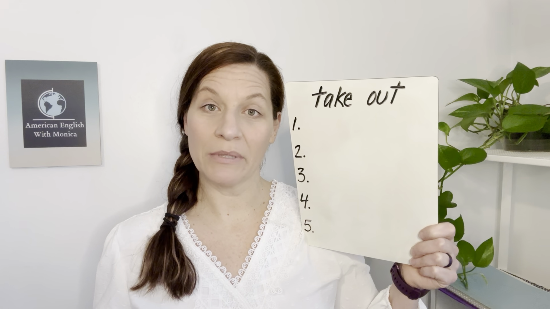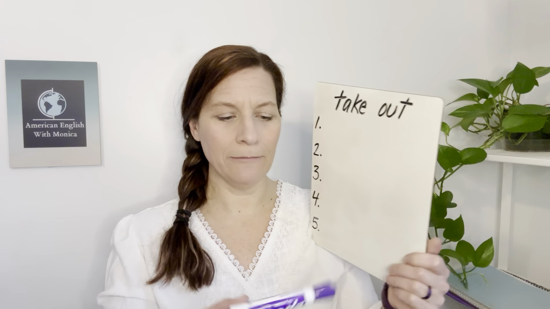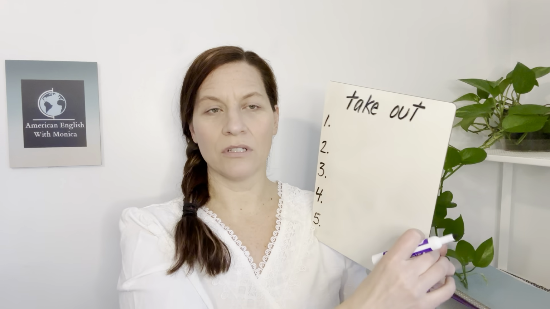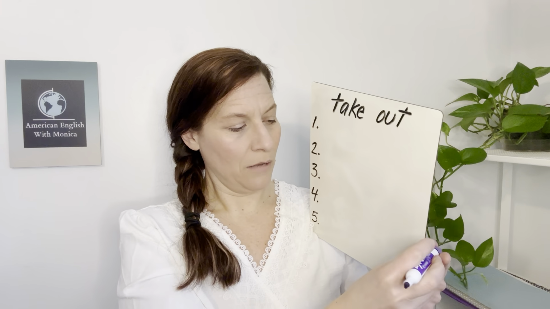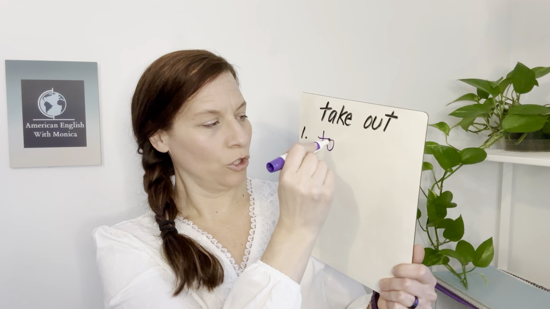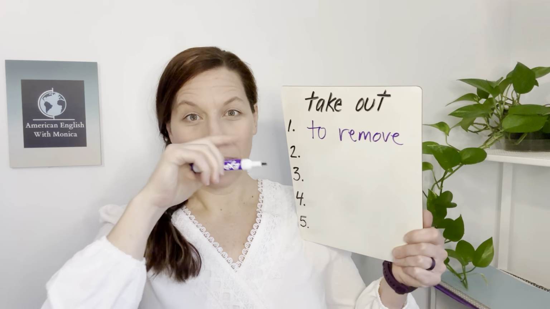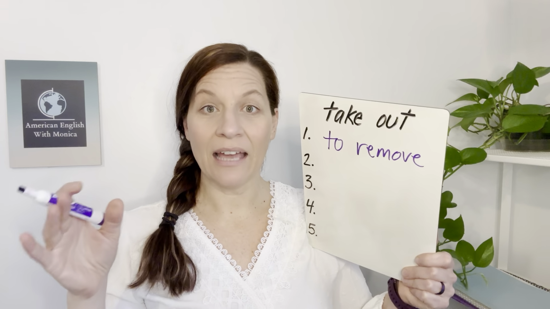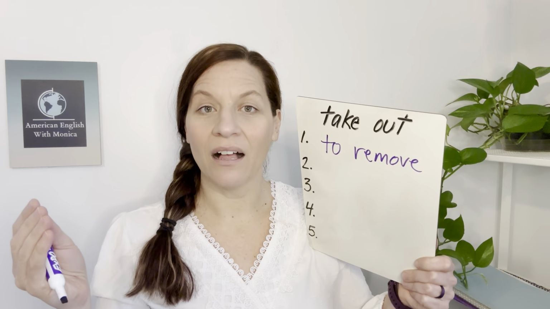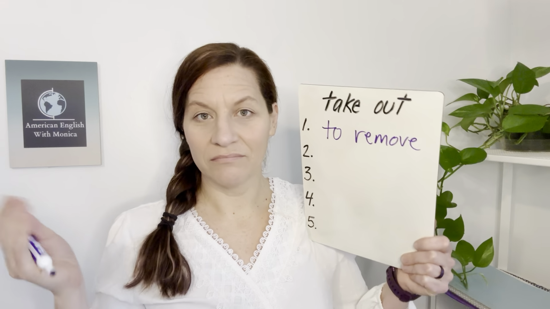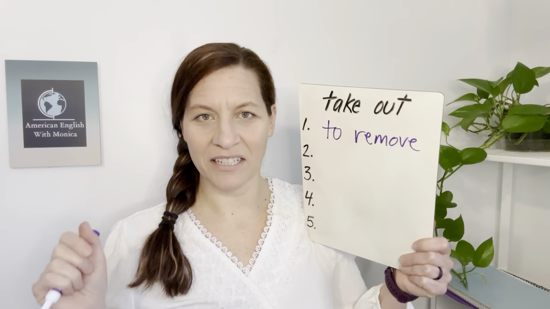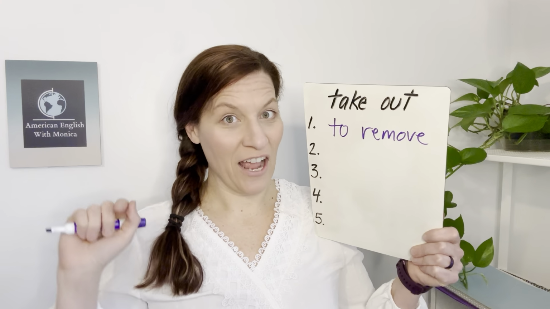So let me give you some examples, okay? Let's get started. To take out something means to remove. That is one meaning. So please take out that sentence from your email before you send it. Delete the sentence. Remove the sentence. Please take out the trash.